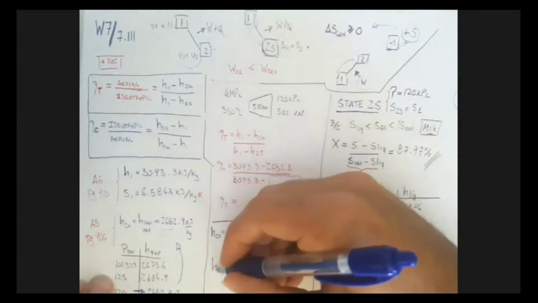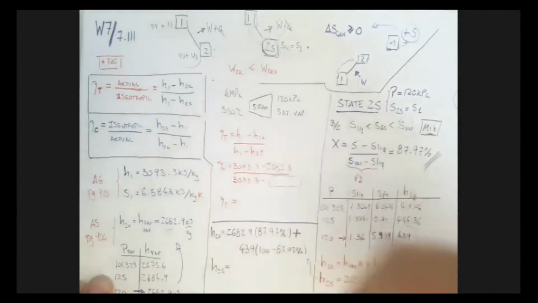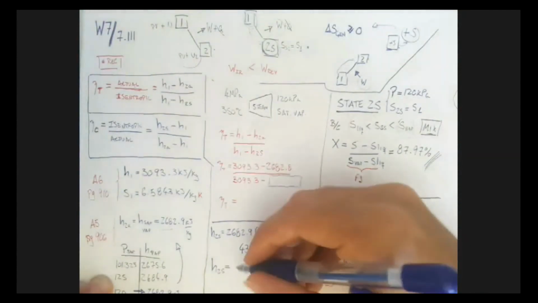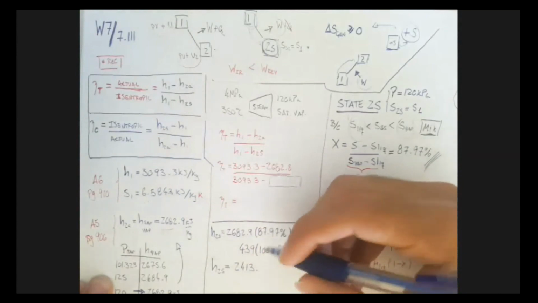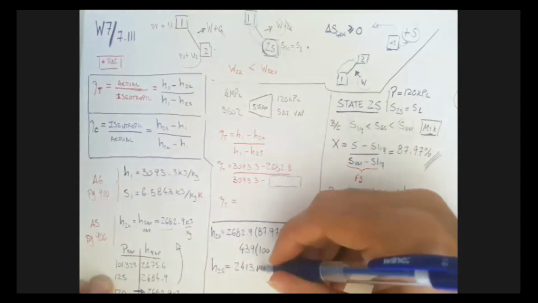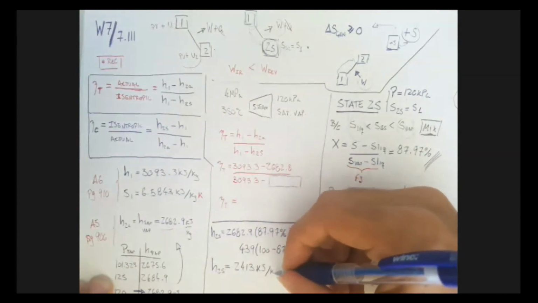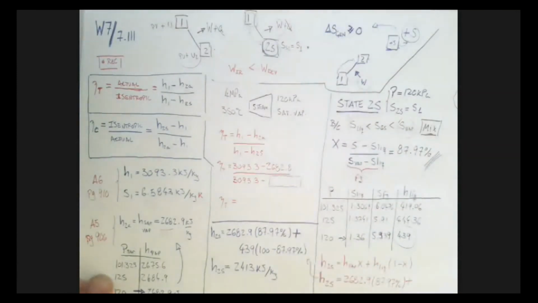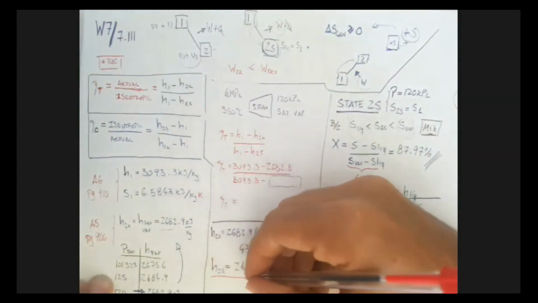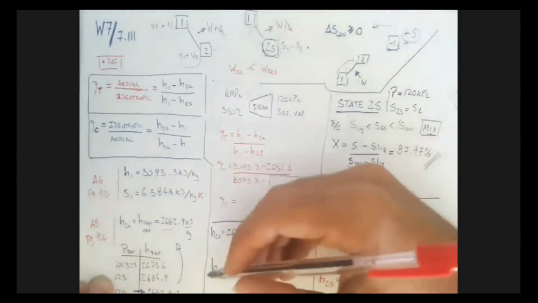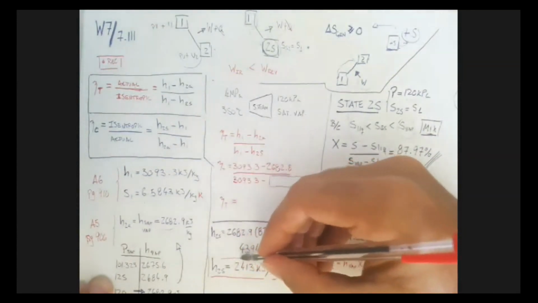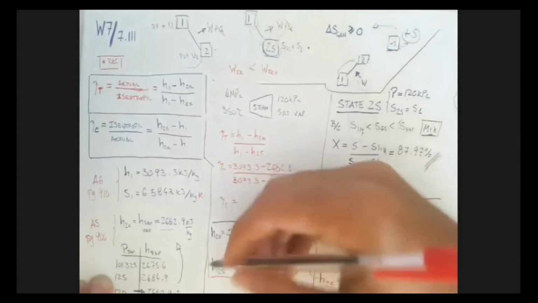Right, so my h2s ends up being, what do I have here? 2413. This number has to be smaller than the actual one, and indeed it is. It's 2600 versus 2400. So it makes sense.